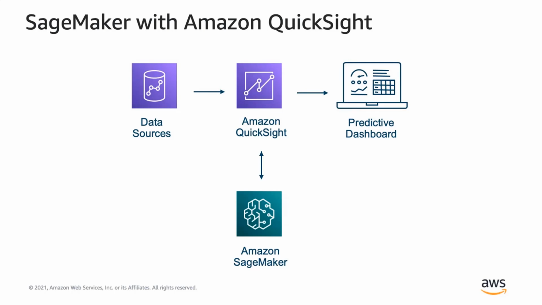A canonical example that I like to use is usually around home sales. If you had trained a model on how to price a home based on things like zip code, square footage, number of bedrooms, number of bathrooms, and you already had a data set of all available listings, it would be as simple as selecting the home price model from a dropdown within QuickSight, telling QuickSight, hey, these fields from my data source, such as number of bathrooms, number of bedrooms, square feet, correspond to the inputs to my model, and then just hitting go.